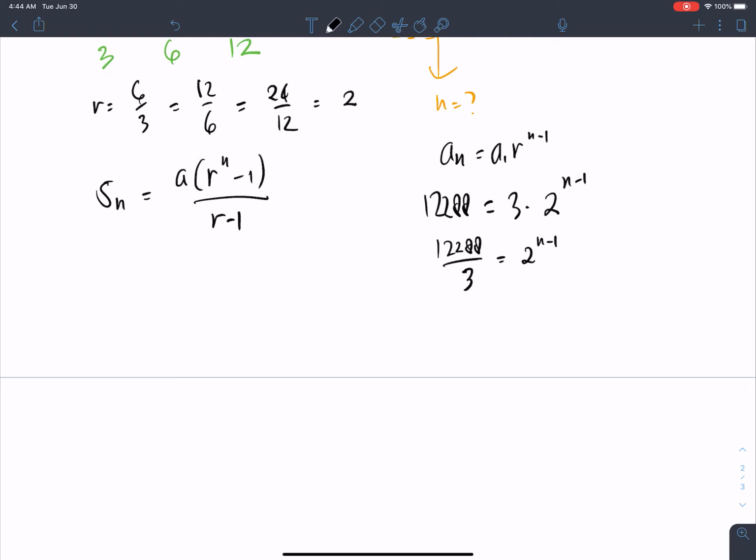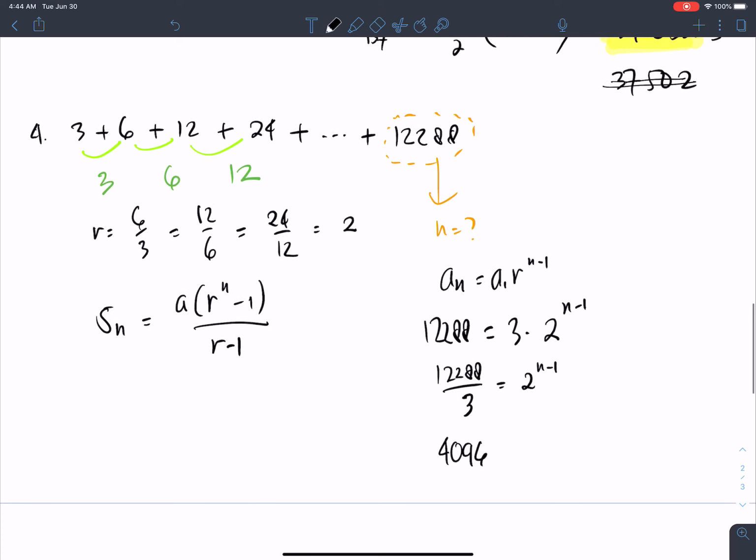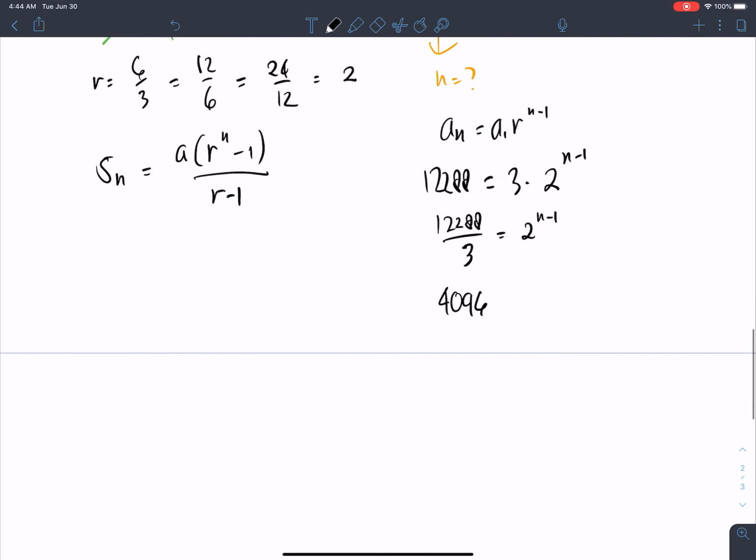So if I calculate this with the calculator, 12288 divided by 3, we have 4096, equal to 2^(n-1).